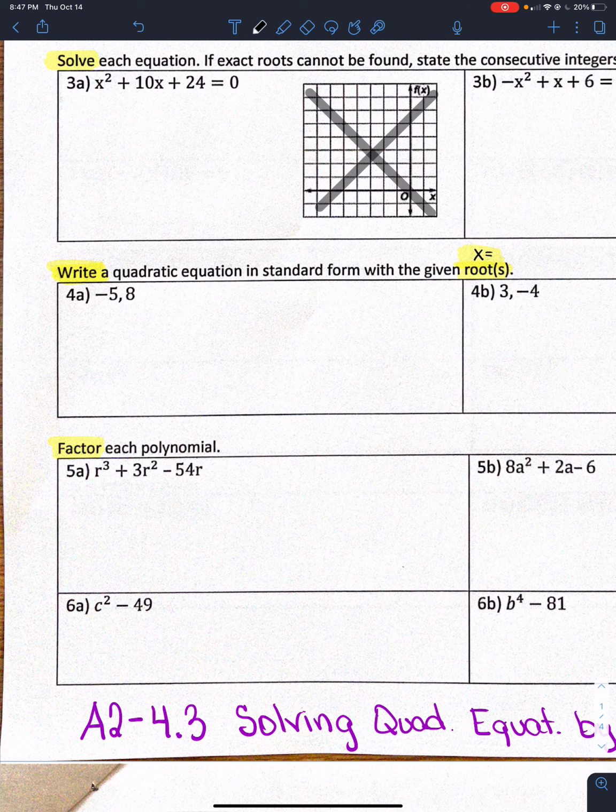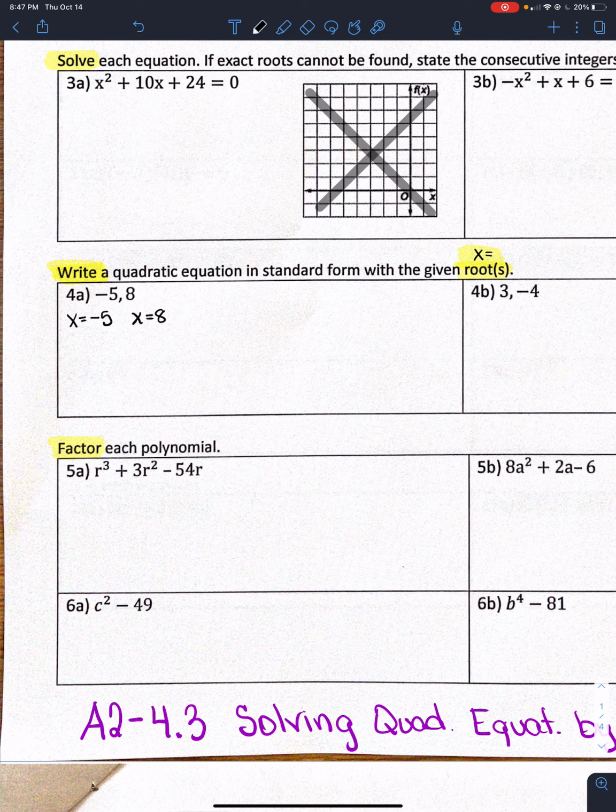So here they've given us the roots -5, so x equals -5, and they've given us another root of x equals 8. Okay, now, before we can write this as an equation, remember I said we always want it set equal to 0 first.